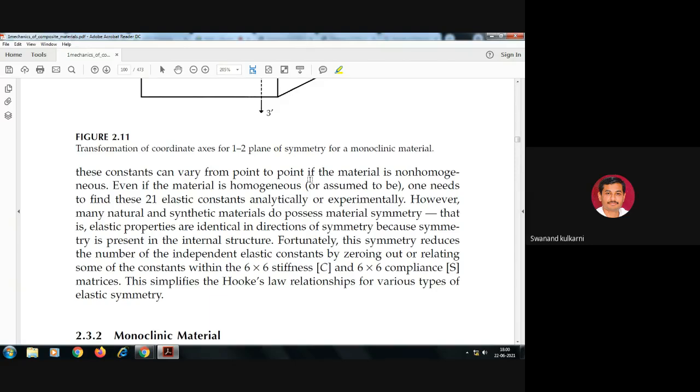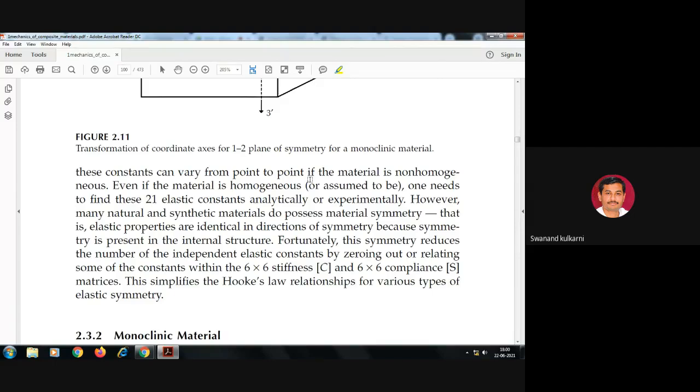For natural and synthetic materials, there is certain material symmetry. Elastic properties are identical in the direction of symmetry, because symmetry is present in the internal structure. Naturally, that advantage we always get.